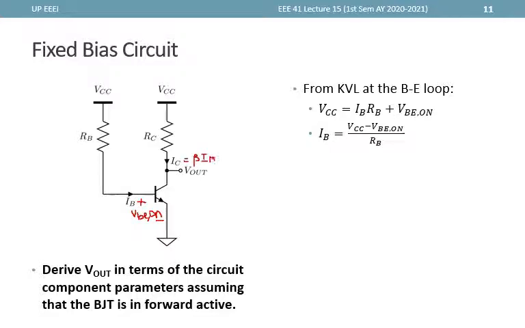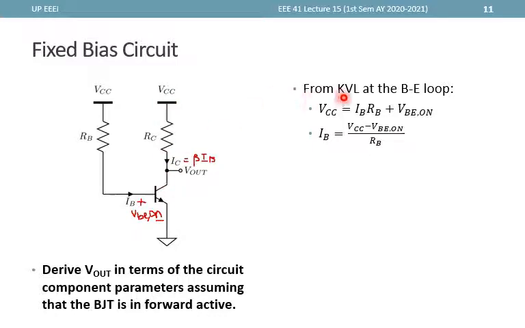Note that even though we have defined V out in this node, we are actually analyzing it without anything connected in this branch. So the current here is the current here, and so this whole current here is IC.